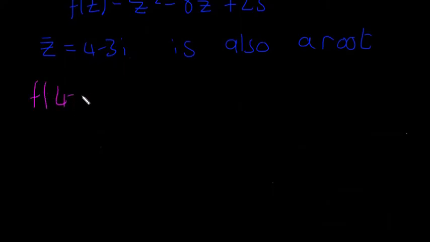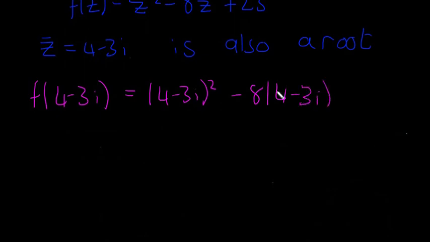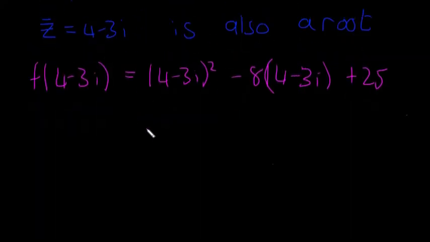So f of 4 minus 3i is going to be equal to 4 minus 3i squared minus 8 by 4 minus 3i, so that should be in brackets, plus 25. We need to find all of this, and if it's equal to 0, then this is a root, and we've just proved the conjugate root theorem. Okay, it's going to be 16, because it's 4 by 4, and then, actually no, I'm just going to do the whole thing out slowly, instead of trying to do it in my head.